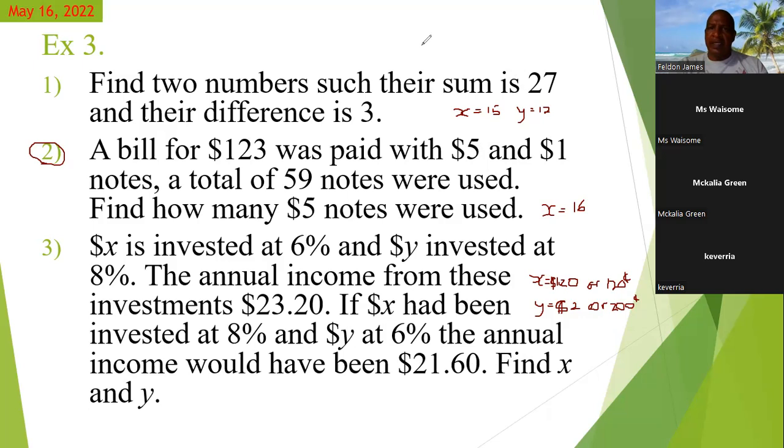All right, with that said, is everybody good with what is happening with these? All you need to do now is to look for them in the past papers and practice them. I hope you guys are taking the time to look at the past paper questions. Watch the video for added support, because there might be things that you'll see on the video that we have not really gotten the opportunity to touch in class.